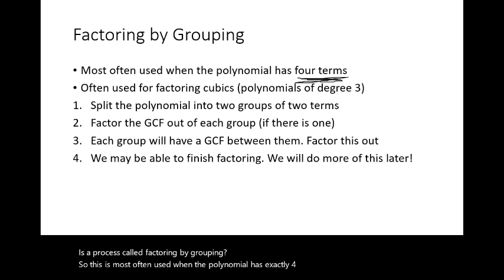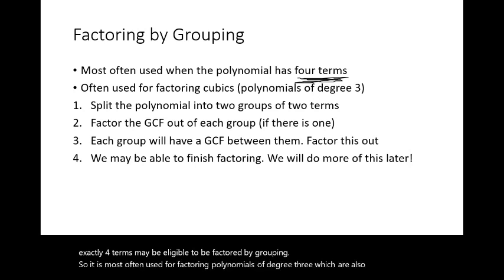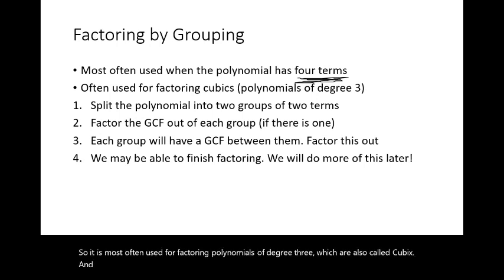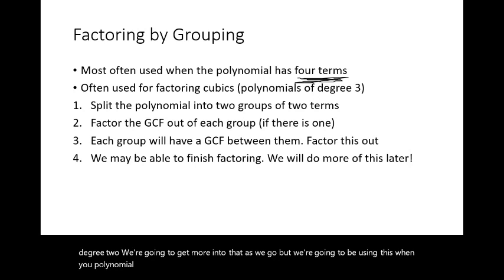So any polynomial that has exactly 4 terms may be eligible to be factored by grouping. So it is most often used for factoring polynomials of degree 3, which are also called cubics. But you can also use this process for factoring quadratics, which are polynomials of degree 2. We're going to get more into that as we go, but we're going to be using this when your polynomial contains 4 terms.